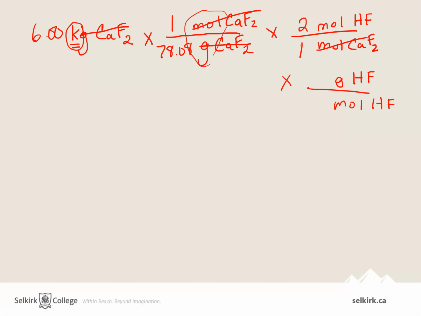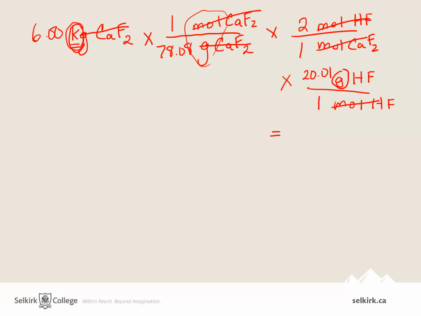Grams per mole, molar mass, mass of 1 mole. And I already calculated that. That is 20.01 grams of HF. Moles of HF cancels moles of HF and leaves me with kilograms of HF. Pretty cool, huh?